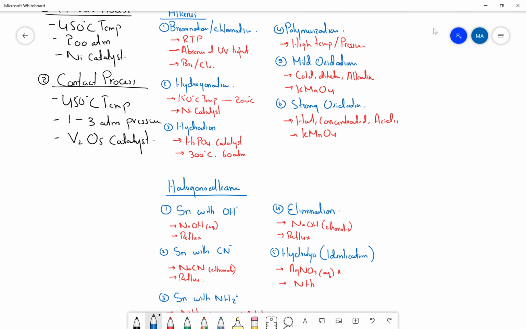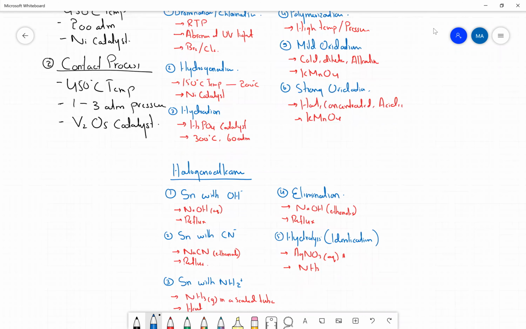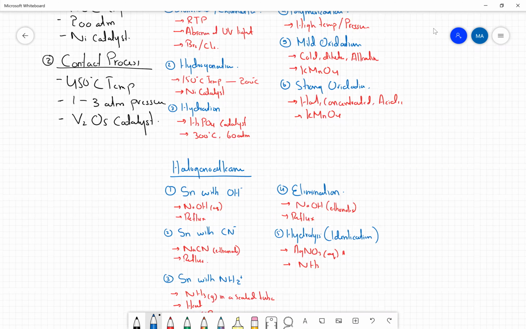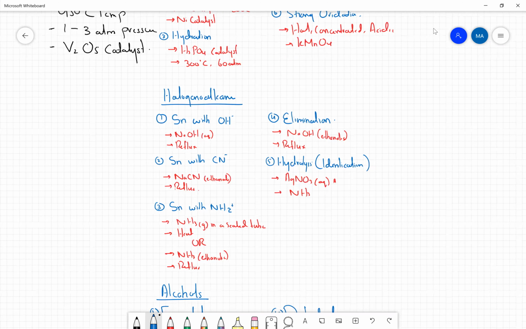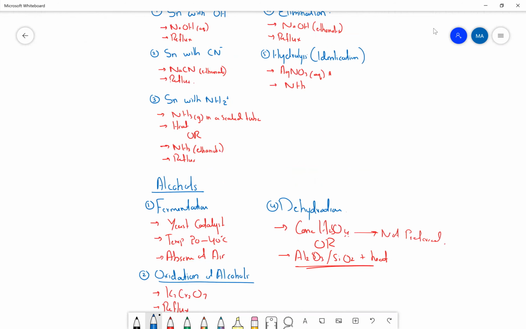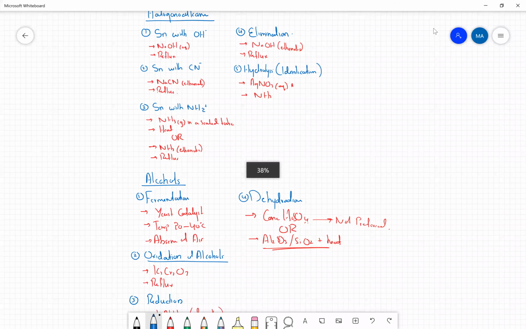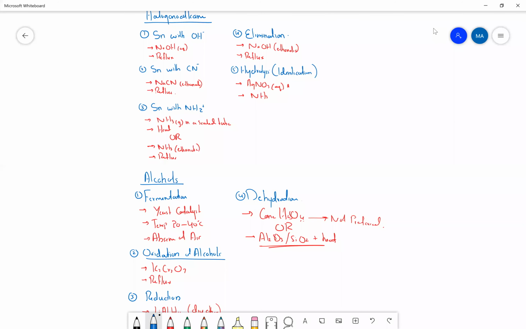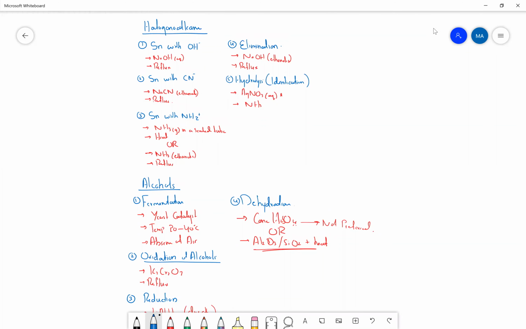Most of the reaction conditions are pretty similar to one another. You should know the names of the common oxidizing agents, the common reducing agents, the method of reflux, what reflux is used for, when you need specific heat conditions, and when you need specific high pressure conditions. Once you study the reactions in detail, you'll spot a lot of the similarities between the reaction conditions of all of these reactions. You can take some time to write these down.